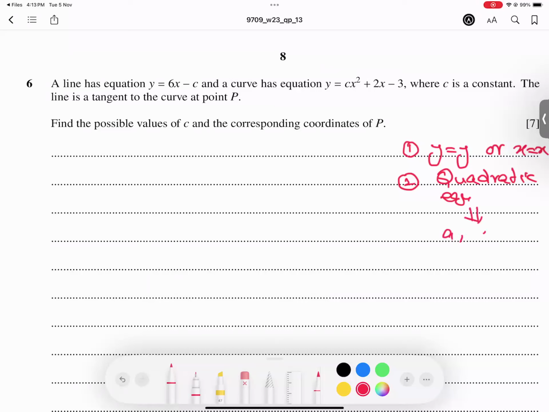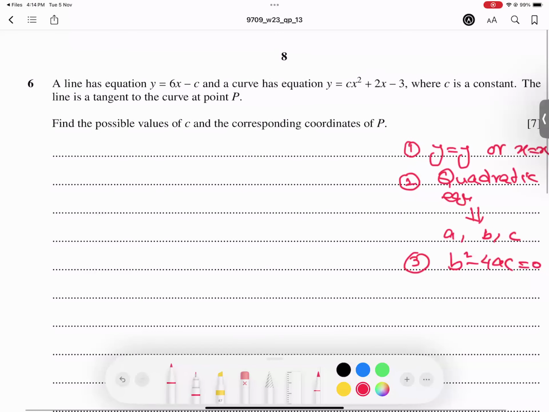Apply b squared minus 4ac. Because the word is tangent, I will put it equal to 0. Actually, we have 3 situations, and I'll discuss all 3. Afterwards, you get the c values from here, c1 and c2. So up till here, let's try to do it.